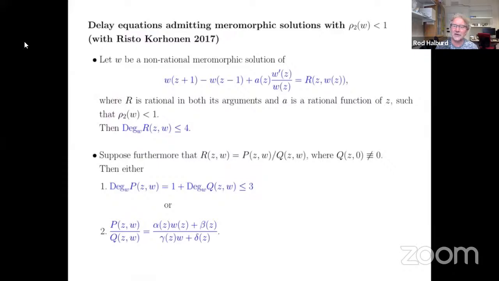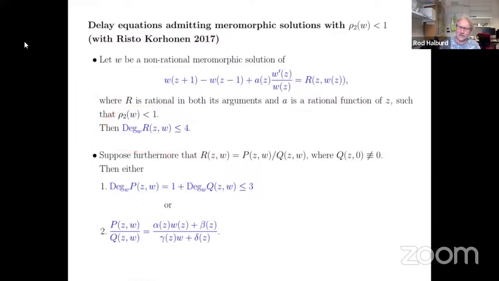One thing is that, although it's not something I'm going to be talking about today explicitly, basically in Nevanlinna theory, you can show that the function that you have in general takes the singular values that you need it to take, so that you can actually extract useful information from the usual kind of arguments that we use, which are things like singularity confinement. Some of those arguments don't always work in this sort of setting, so we're currently trying to push that a little bit. But at least what we were able to show was that initially the degree of this thing has to be strictly less than 4.